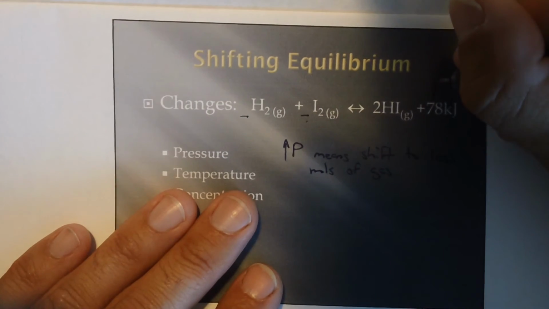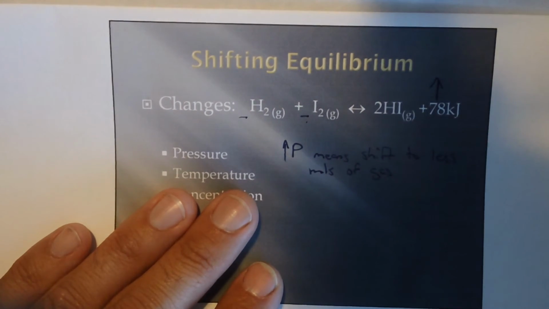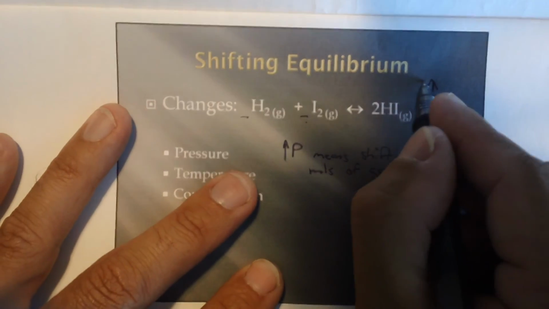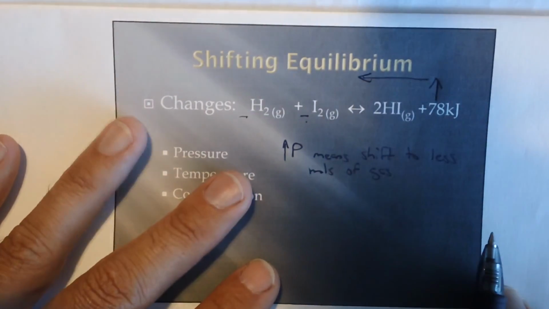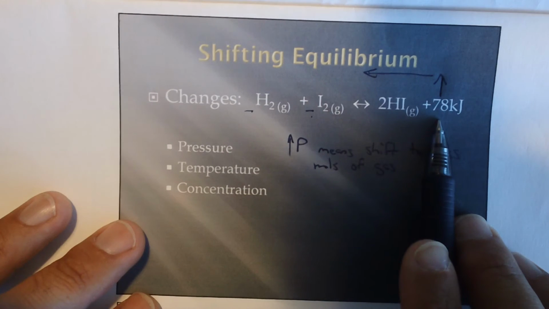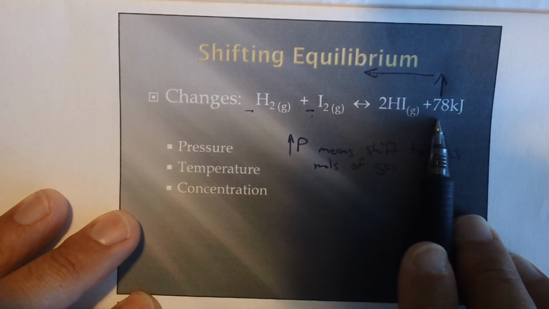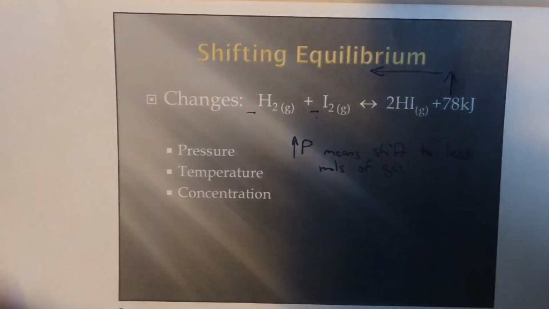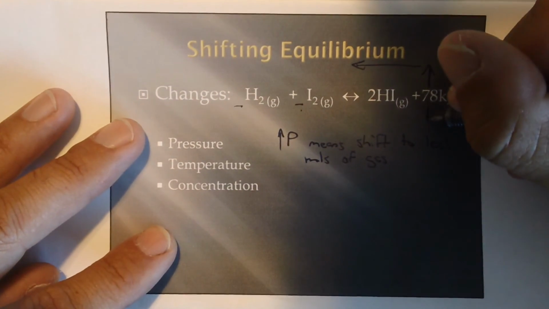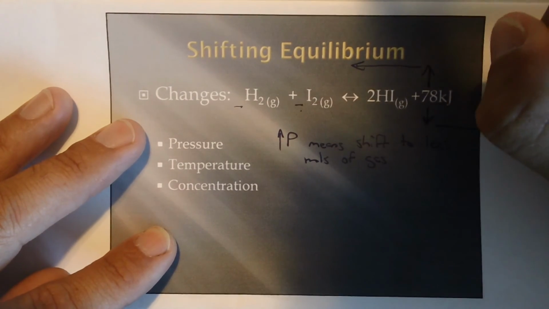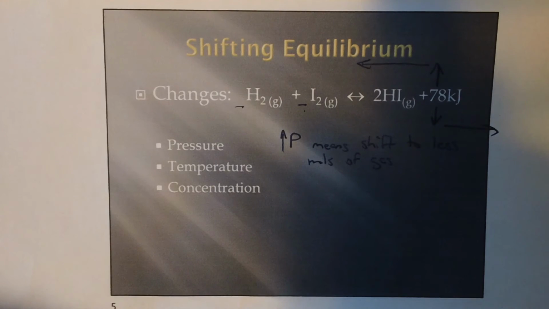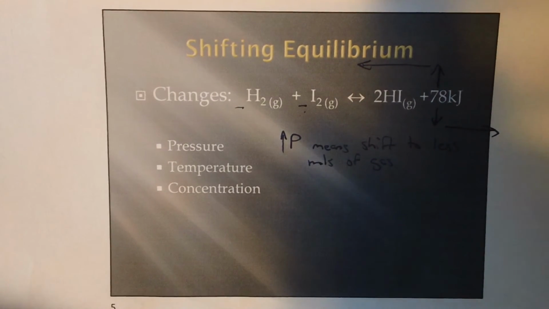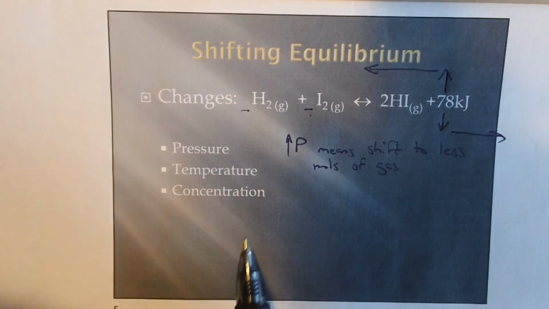When we increase something on the right side of the equation, the equilibrium will shift across the arrow. So if we increase temperature in this exothermic reaction, that would cause us to shift towards reactants. If we decrease something on one side of the equation, it causes a shift to the same side. So if I decrease the temperature, that would cause a shift towards products. We'll talk about the reasons for that next year in AP.